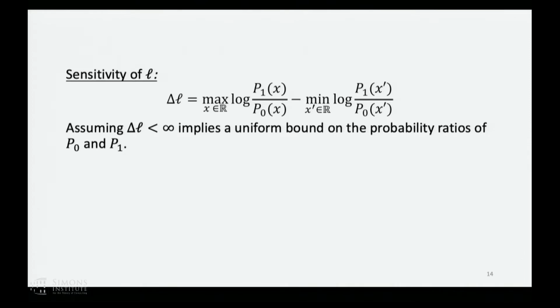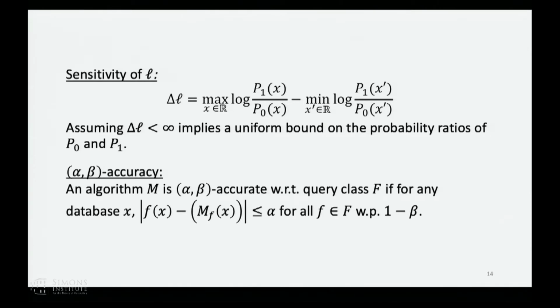So it's fine if we have particular distributions where this is a reasonable number. In fact, this does not hold, for example, for p0 and p1 being Gaussians. So this is certainly not the most general case. Hold off until three slides from now and I'll tell you how to remove this assumption.